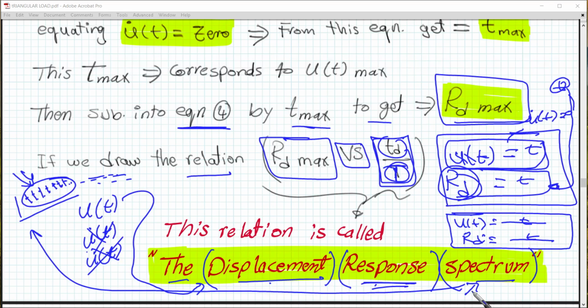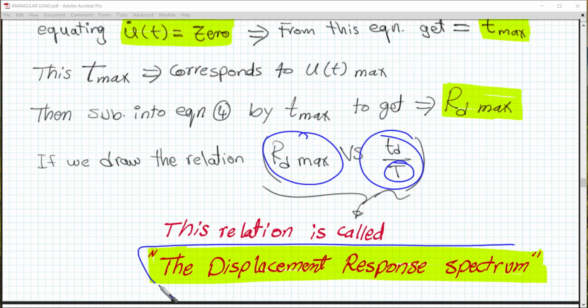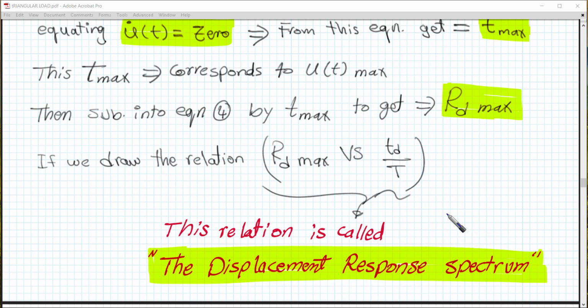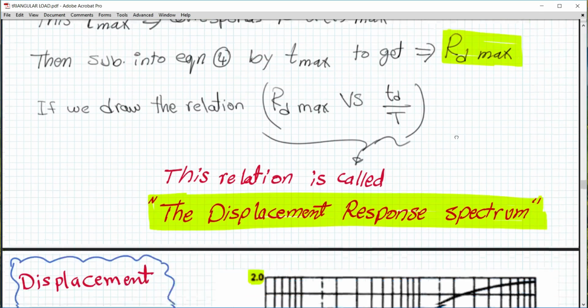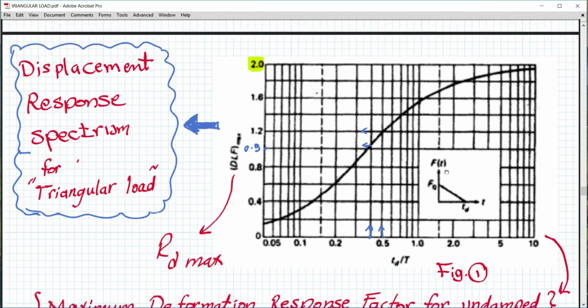So if we draw this relation between rd maximum and td over t, we are going to get this graph, which is going to be very important for us. We call it the displacement response spectrum. Let's draw this for the triangular loading.